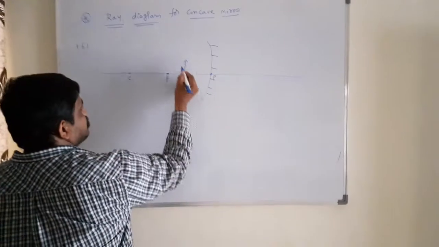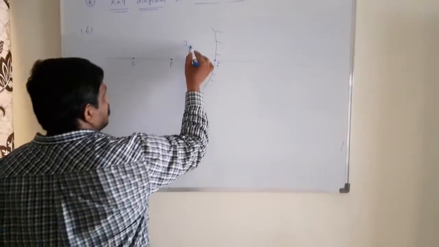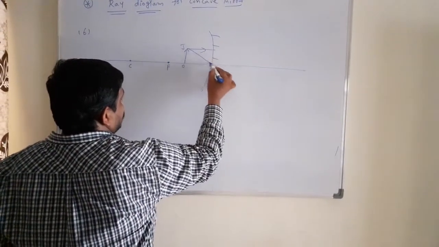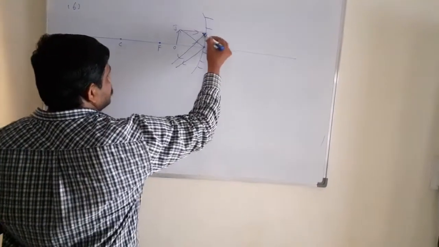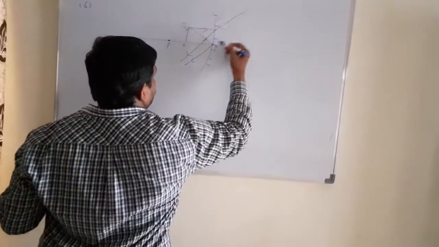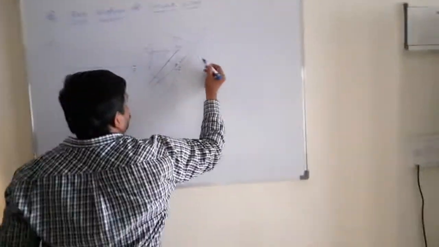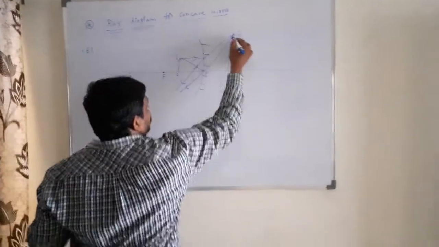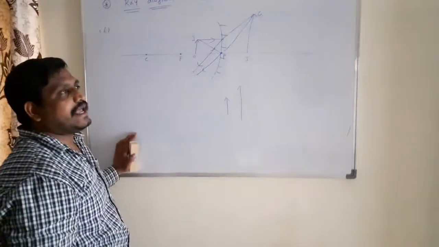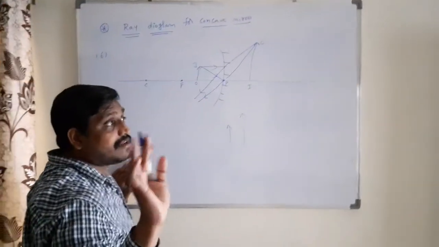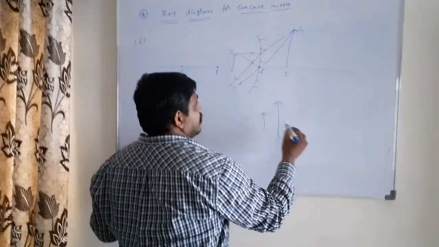Here this is the object. Look here, these rays are backward extended, and this is the final image. According to this diagram, this is the object and this is the image. Both are erect, that means not inverted, because it is upright.